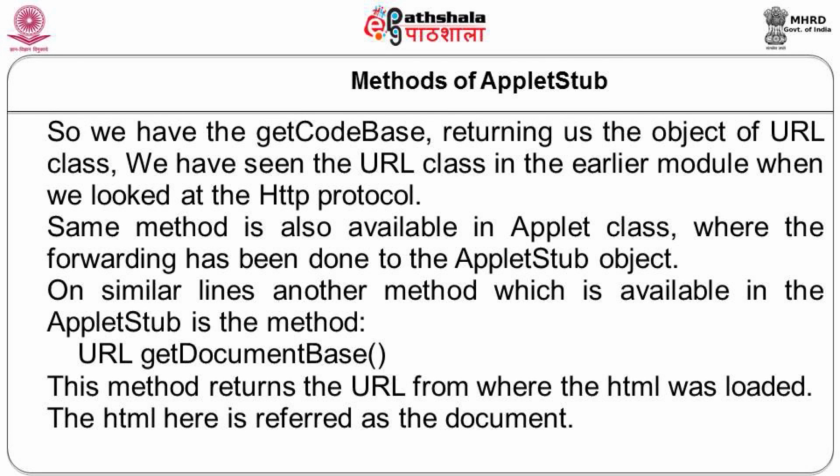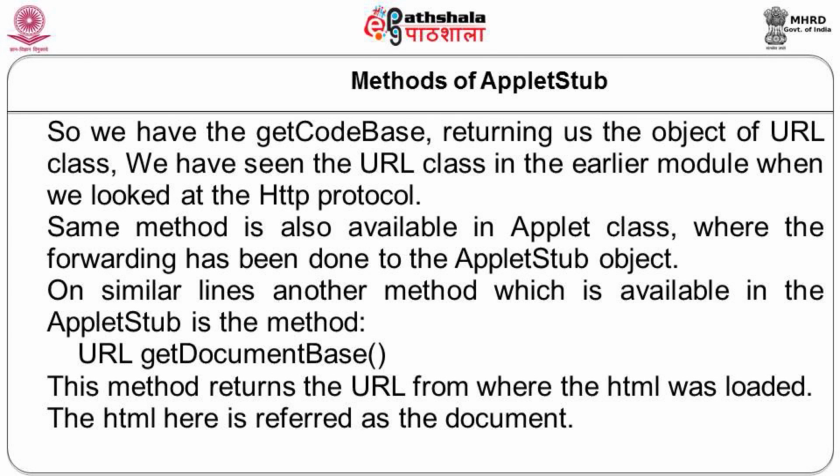Fine. In a similar way, another method which is available in applet stub is the method called getDocumentBase, returning us the URL. Again, this also returns a URL. Which URL? It's the URL from where the HTML was loaded. The HTML here is referred to as the document.